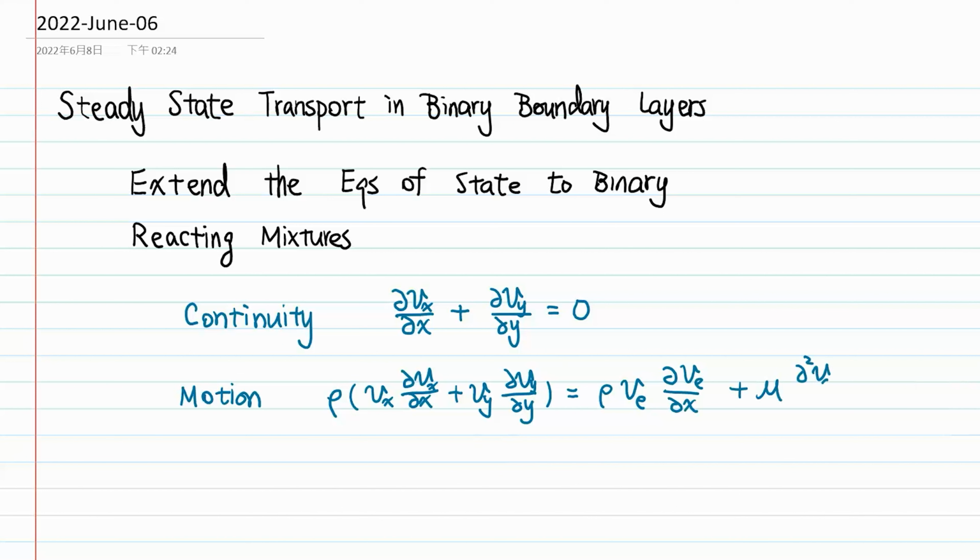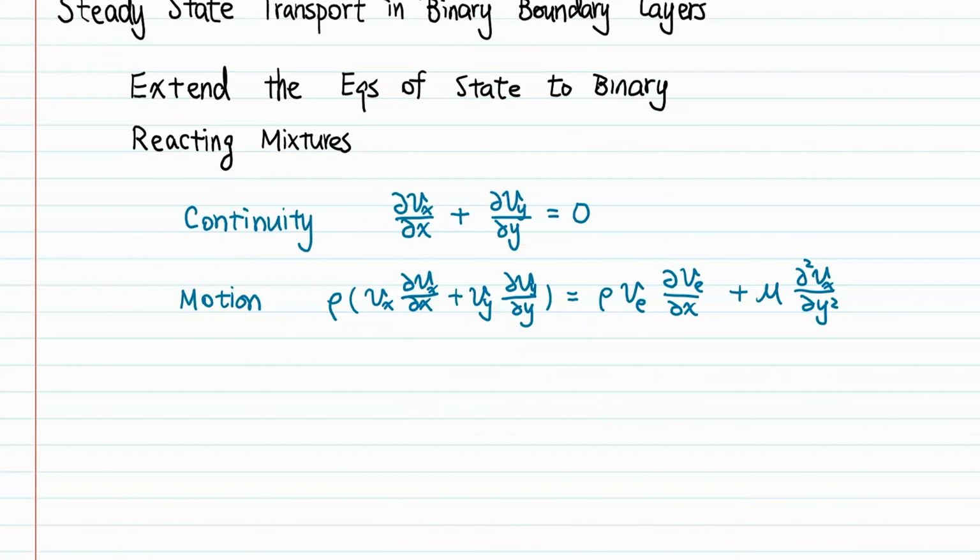And we're only going to be looking at the x component because that's what's more important based on order of magnitude analysis. And then we have two terms for the buoyant force. So one is for the temperature gradients. So rho g beta times T minus T infinite.